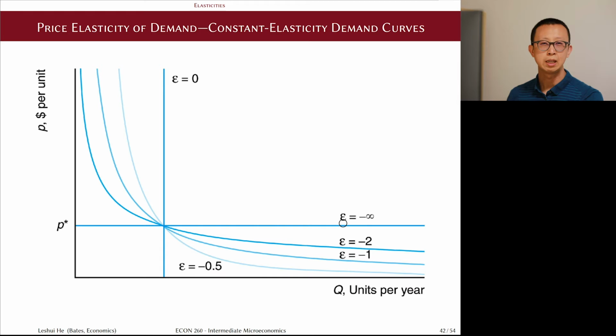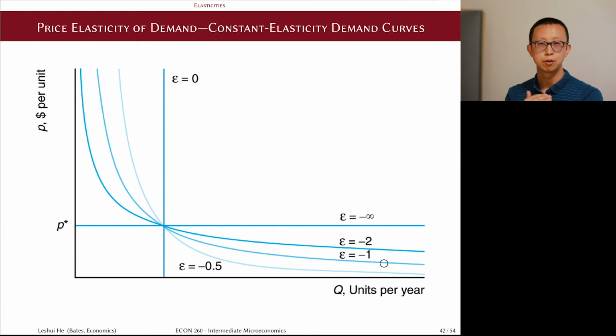So how do we keep the elasticity constant? Well, it must be that the slope of this demand curve has to also change with the change in the ratio of P over Q. When the ratio of P over Q is low, we would want the demand curve to have a slope that is exactly 1 over the value of P over Q, so that they can cancel out with each other.